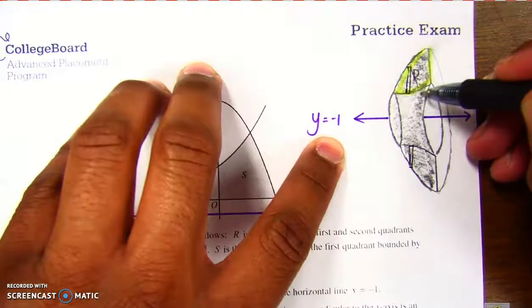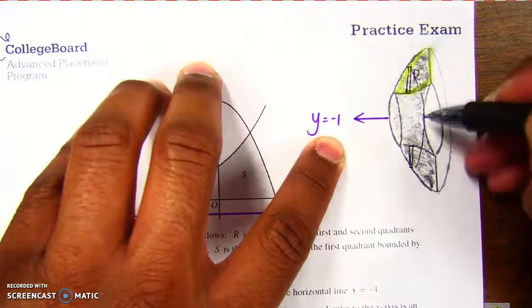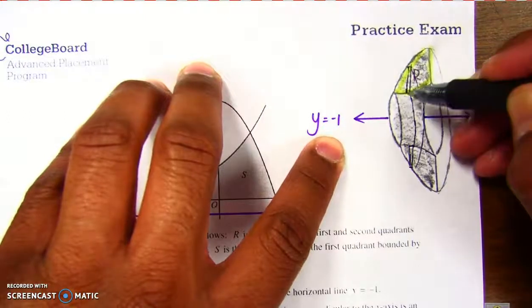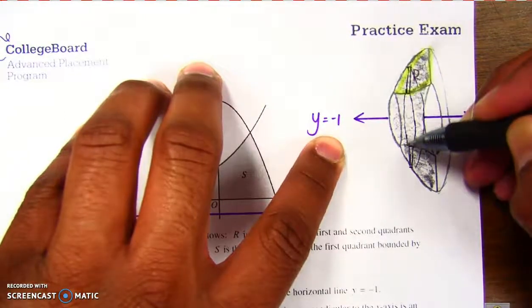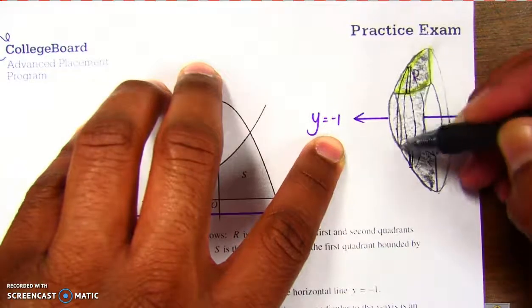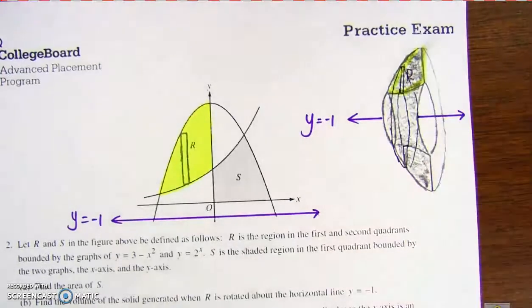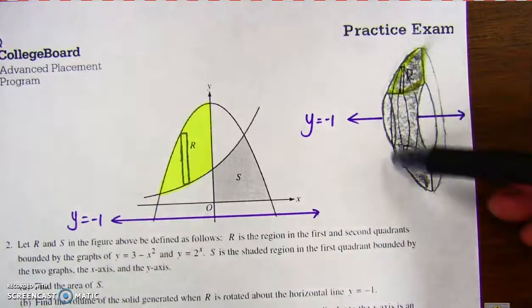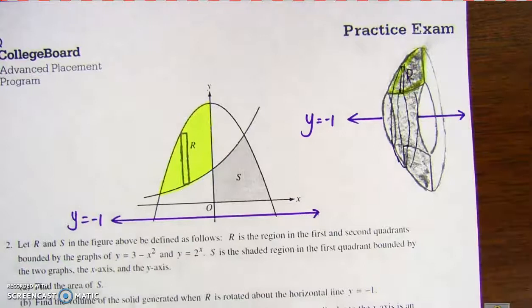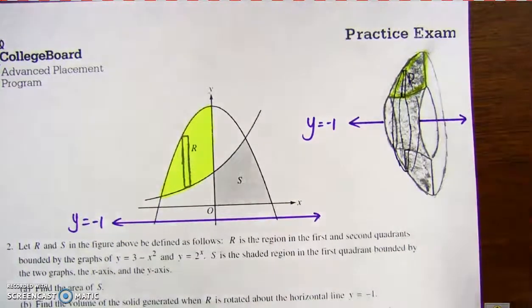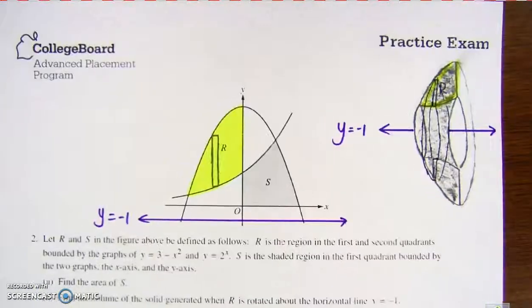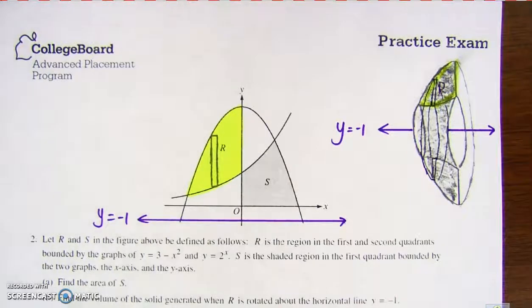We take a single rectangle and focus on that single rectangle and rotate about that line y equals -1. That's a washer. So the formula for the washer is, well, actually, we use the same formula. We just have to pay attention to the little r.